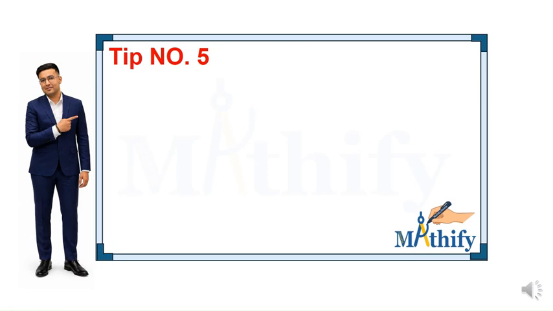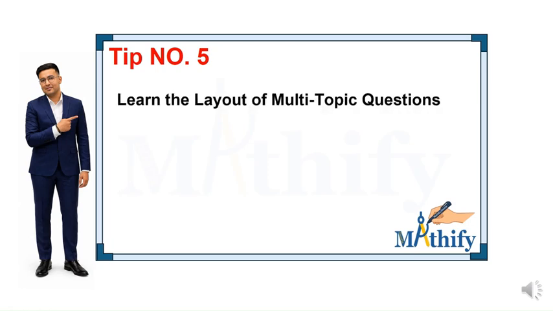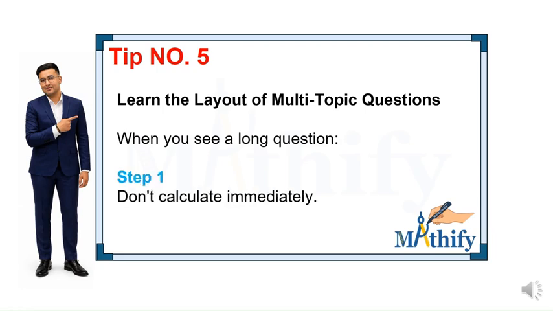Tip number 5. Learn the layout of multi-topic questions. When you see a worded question or a long question, step number 1, don't calculate immediately. First, read the question carefully to see if you understand it or not.